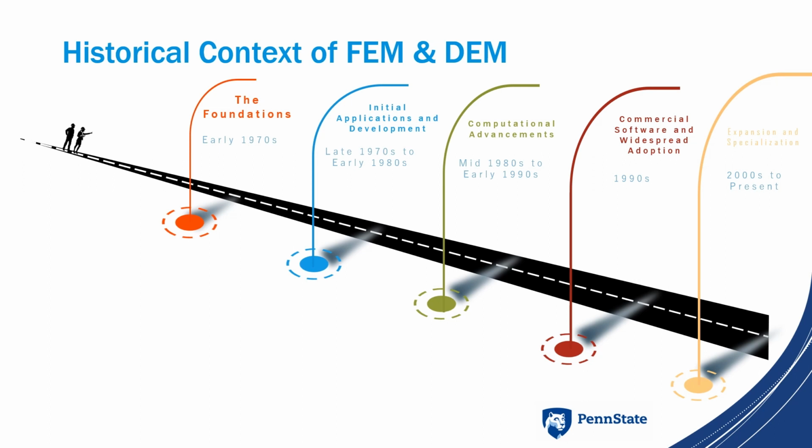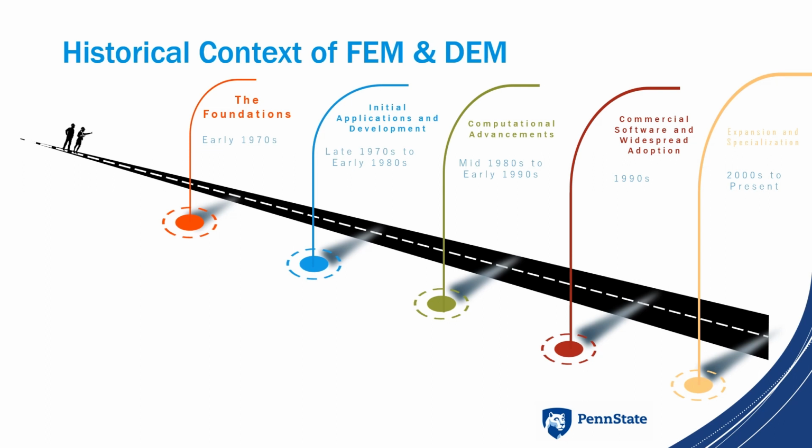Researchers such as Peter Cundall and Oreste Strack were among the pioneers who developed DEM to model the behavior of granular materials. Throughout the 1980s and 1990s, DEM found application in various industries, including mining, pharmaceuticals, and civil engineering. Researchers continued to refine DEM algorithms and expand its capabilities to model complex systems.